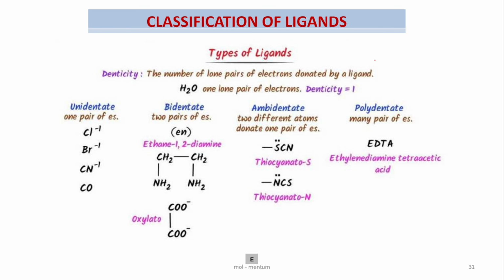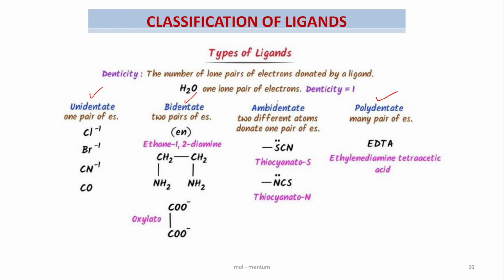A ligand can donate one pair of electrons, two pairs, or three pairs. If a ligand donates one pair, it is called unidentate. If it donates two pairs, it is called bidentate. If it donates more than two, it is called polydentate.